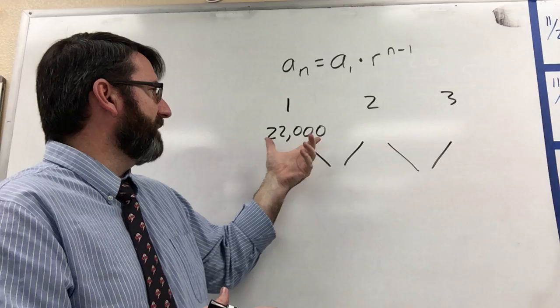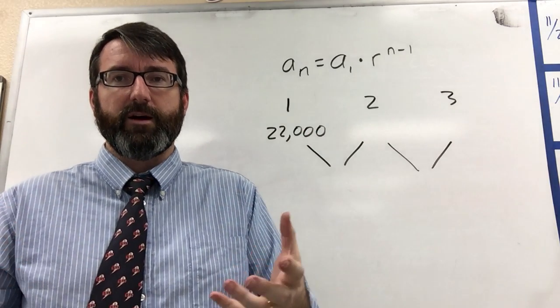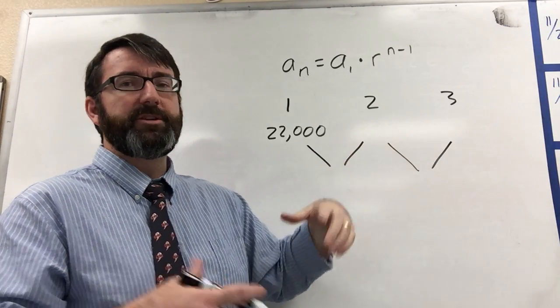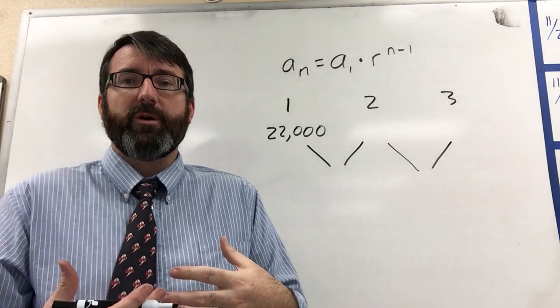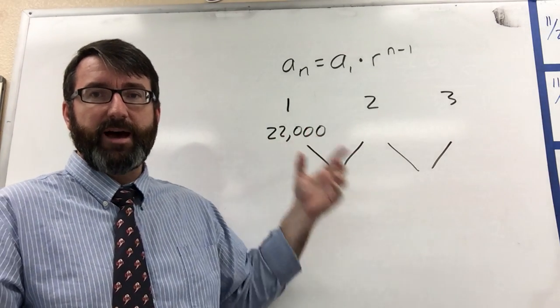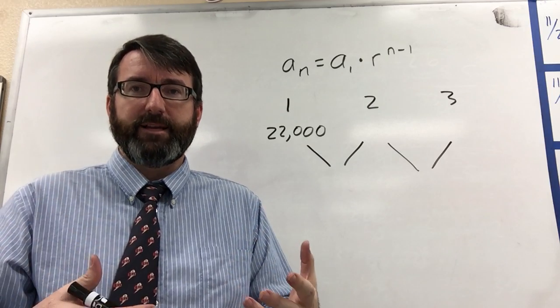So how we need to think about that, we need to think about this 22,000 as being 100% of the car's value. And then in year 2, it's going to be worth 18% less. So it will be worth 82% of what it was in year 1. That's 100% minus the 18%.